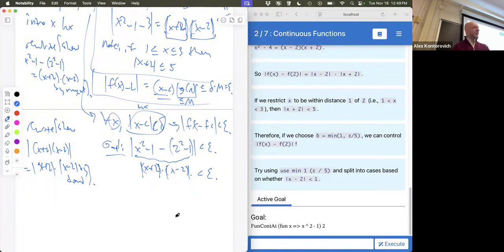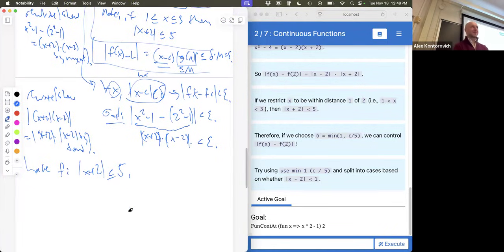Now we have to prove what? Sean? That x plus 2 is bounded by. Exactly. Let's have the fact that x plus 2 is bounded by 5. Okay, how are we going to do that?